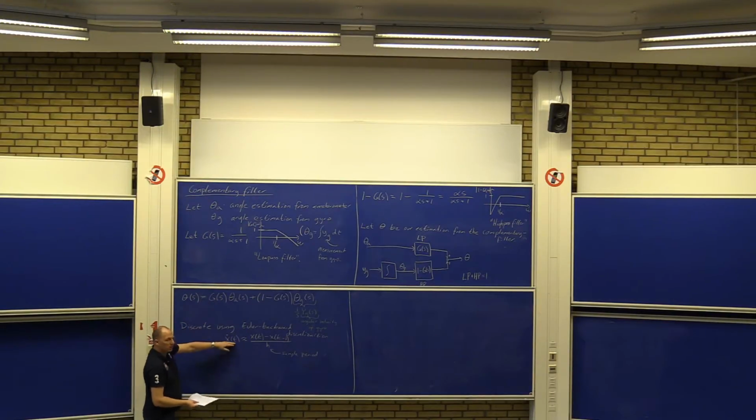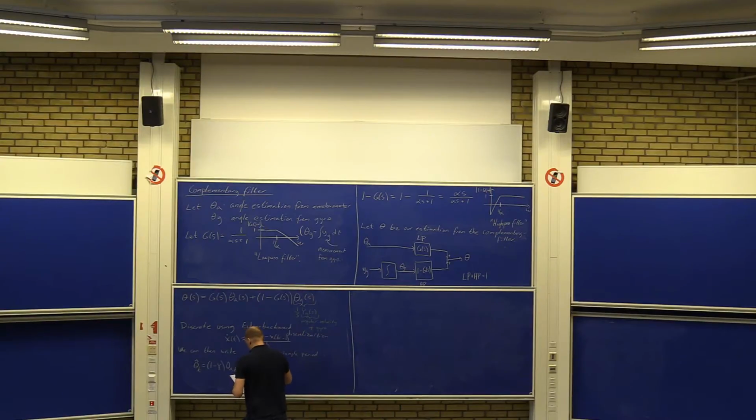From this, we will get theta[k] equal to (1 minus gamma) times theta A at sample k, plus gamma times the previous estimated value, plus h, the sampling time, times the angular velocity of the gyro at this sample.